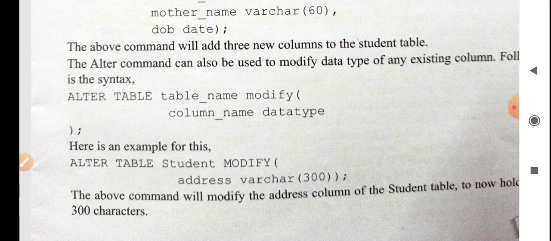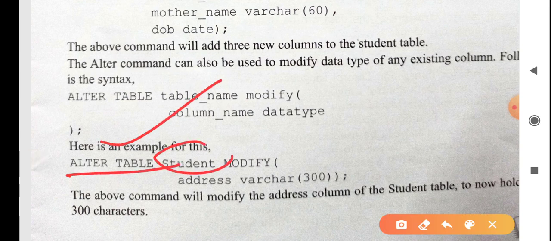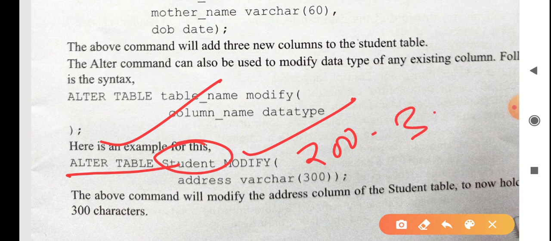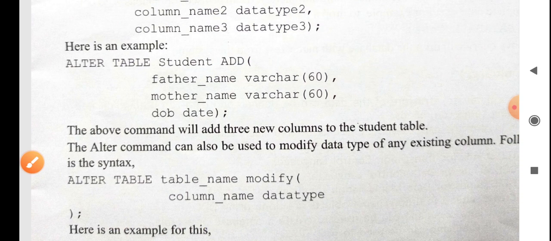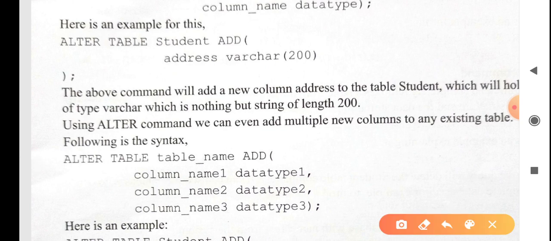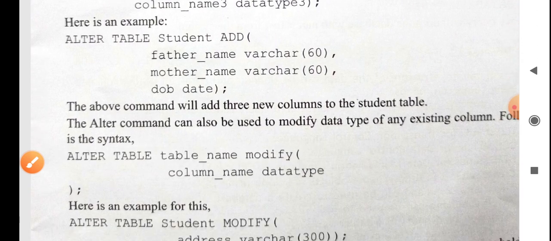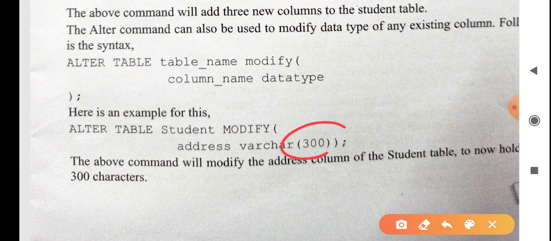As you can see in the example, ALTER TABLE is the command, student is the name of the table, MODIFY is the command, and here you are changing the size of the column address from 200 to 300. Previously, as you can see, the size of that column was 200, and after modification the size of the column is 300. So this type of modification can be done easily in the table with the help of the MODIFY command.